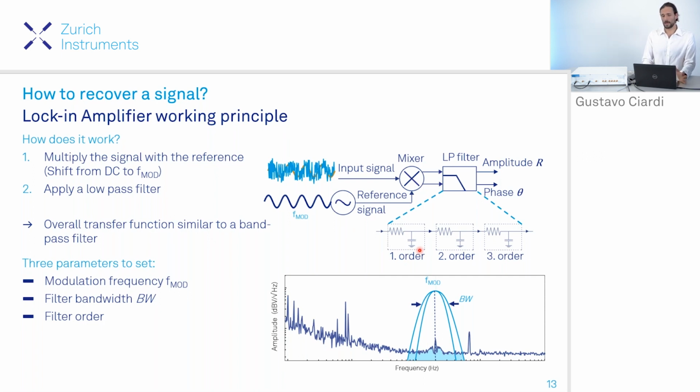Of course, now the overall transfer function of a lock-in amplifier can be thought of as basically that of a band-pass filter with arbitrarily set center frequency, and we will see in a second also bandwidth. Now, an important note is that modern lock-in amplifiers are digital instruments, okay? So performing everything in the digital domain with digital signal processing techniques.